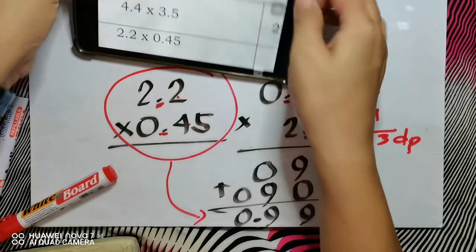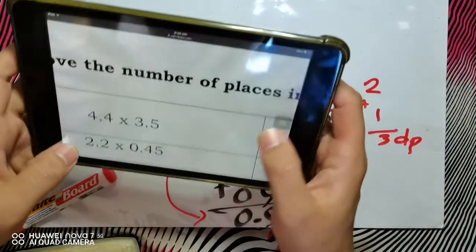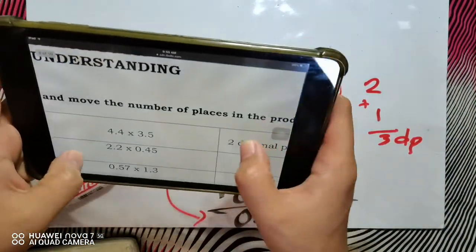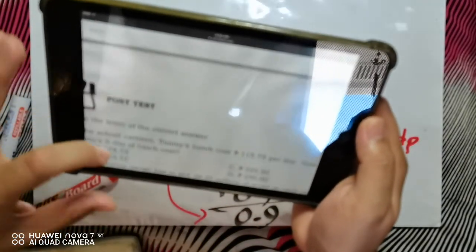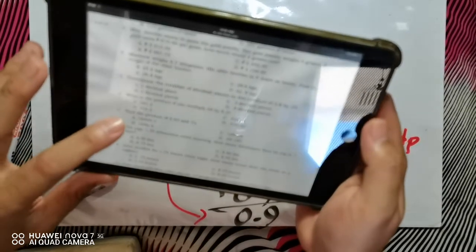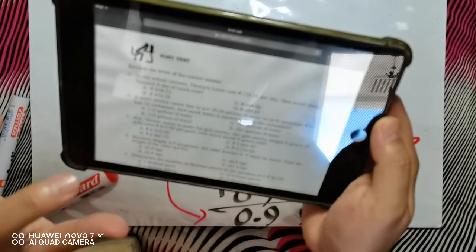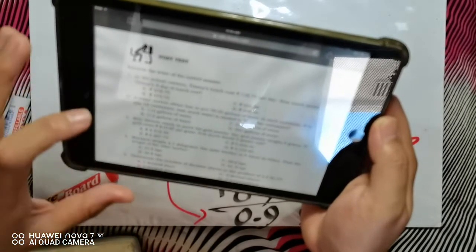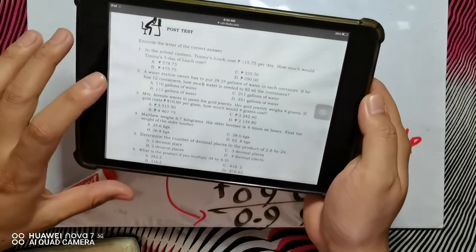Okay, now, there are activities written in the module. So, you just have to answer them. And don't forget, in the post-test, 1 to 10 yan, you are going to pass me the content in the post-test. So, copy the problem, and then you choose your answer.